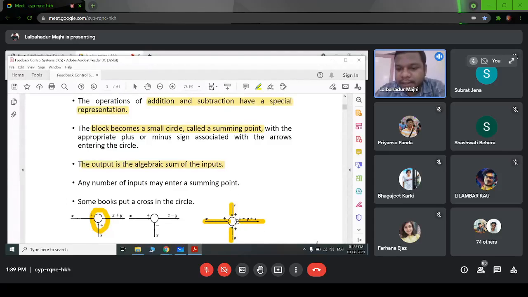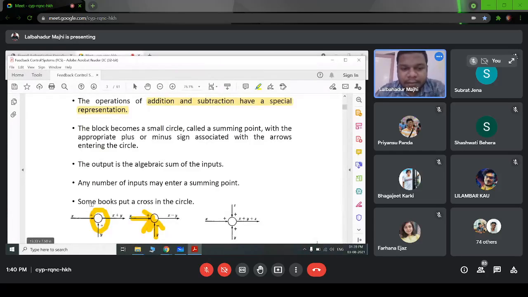So here the output is X plus Y plus Z, because X, Y and Z are entering this circle and then leaving, and the leaving one is the output. All are positive, so the output will be X plus Y plus Z. Similarly in this case, X is positive and Y is negative, so the output will be X minus Y.